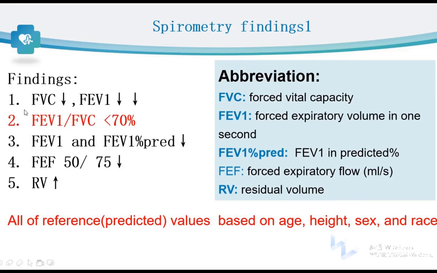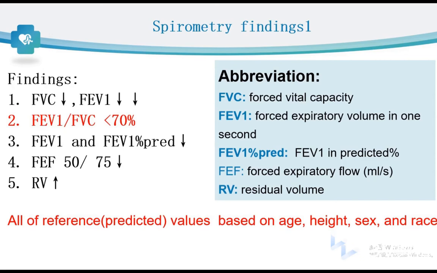We can find the decreasing of the FVC and FEV1, especially in FEV1, so that we can find the FEV1 over FVC decreasing too. The data is less than 70%. It's also the diagnostic criteria for COPD patients.